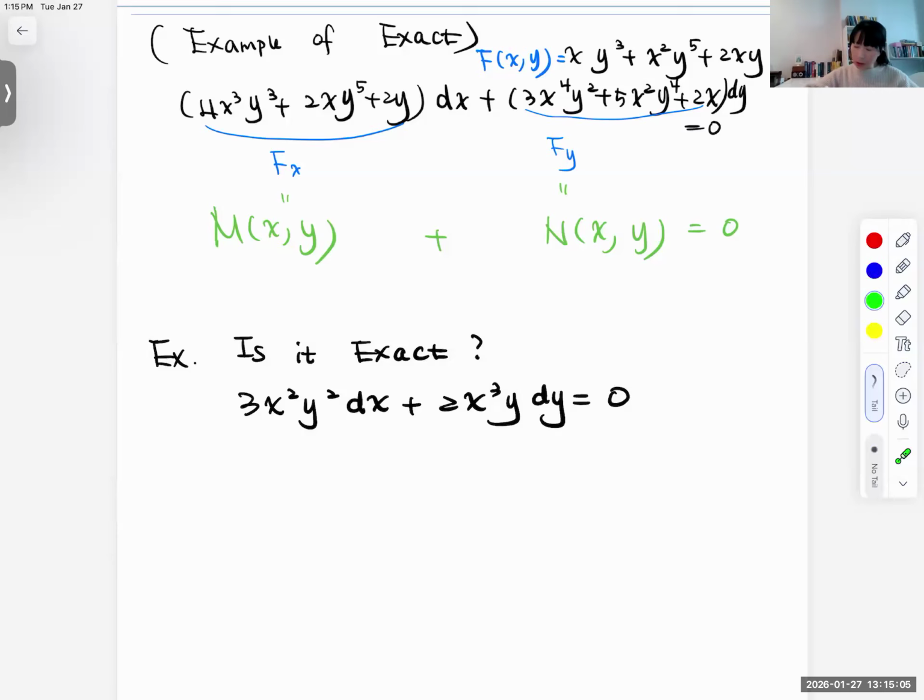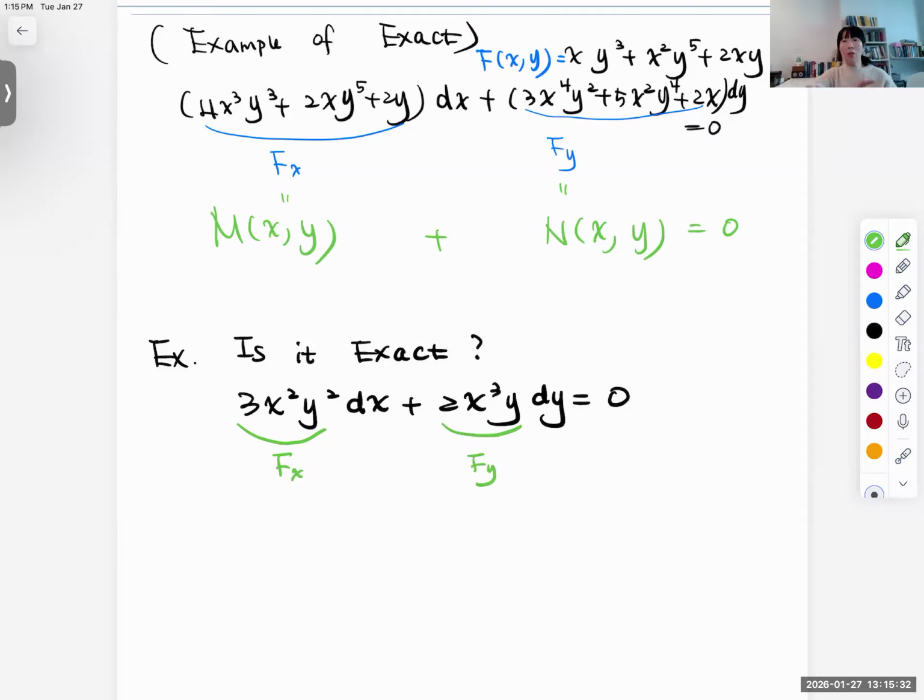Okay, so I just wrote down the example. Is it exact? We have 3x squared y squared dx plus 2x to the third power y dy equal to 0, right? Looks like this is a partial derivative with respect to x, and this one a partial derivative with respect to y.